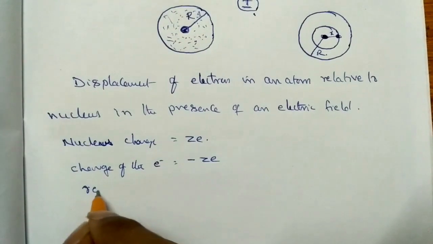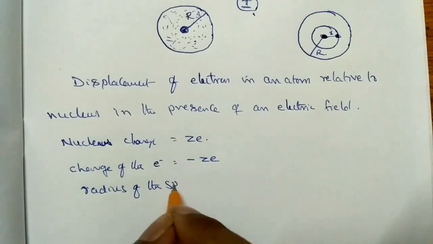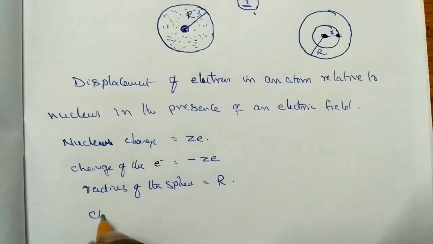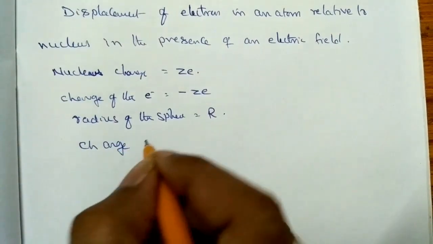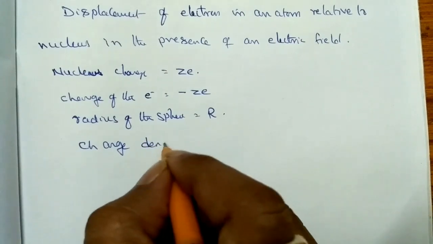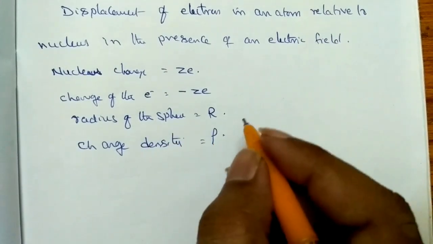Radius of the sphere is equal to R. Then charge density is equal to rho.